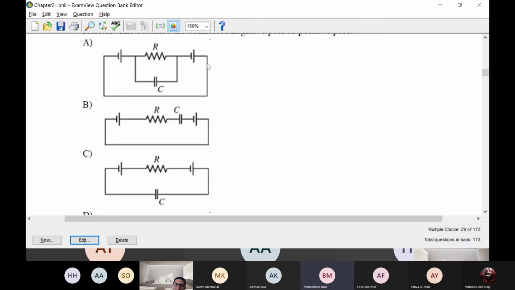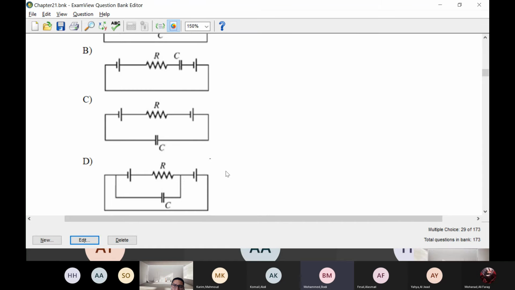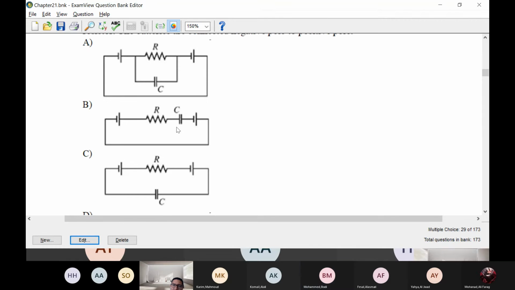You'll find the batteries are the same, negative end, positive end, in sequence. All the changes happen to the capacitor here. We have a connection here, another here, a third here, and a fourth here. We want the capacitor to be parallel with the resistor.